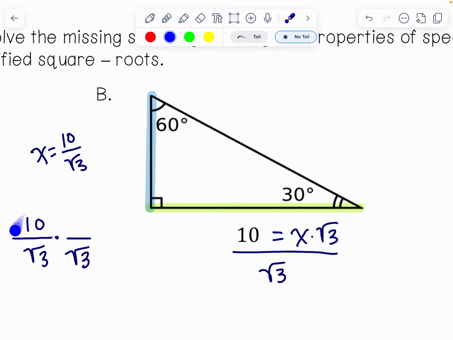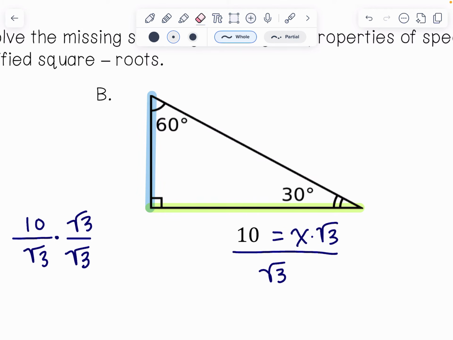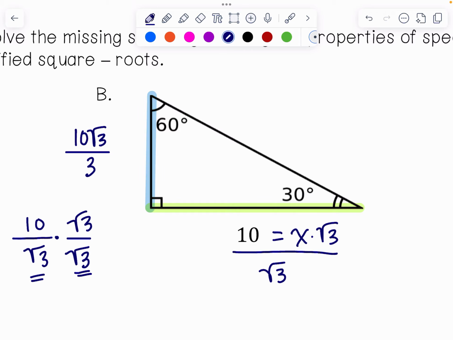However, I can't change the value by multiplying by something. The only number I'm allowed to multiply by is 1. So to make this whole fraction equal to 1, I need to multiply by the square root of 3 on top and bottom. That means that my final answer here for the short leg is actually 10 root 3 over, now the square root of 3 times the square root of 3. The whole purpose is getting rid of the square root, so it is simply 3.